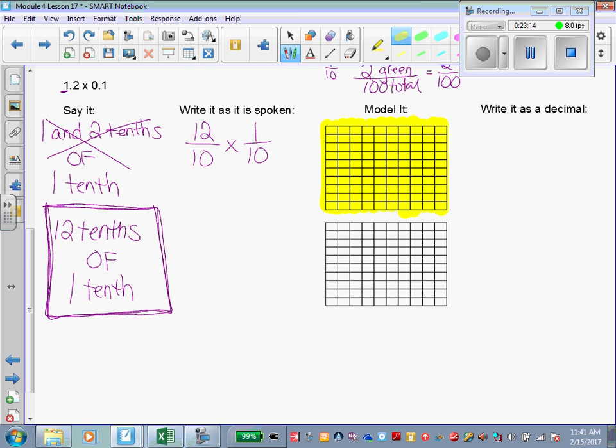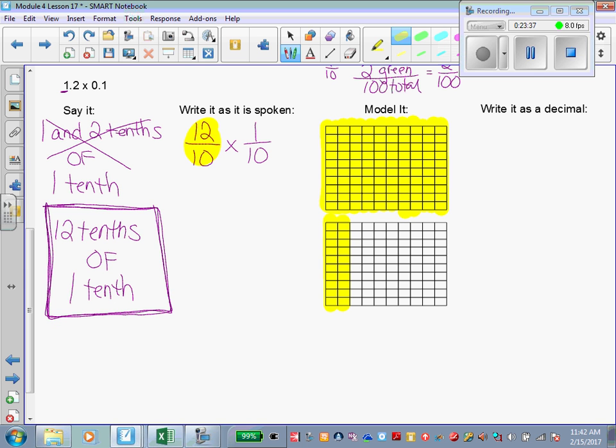How many columns did I just color in? Ooh, I colored in 100 columns? I colored in 10 columns. 1, 2, 3, 4, 5, 6, 7, 8, 9, 10. But I need how many? 12. So I need to keep going and say 1 and 2.